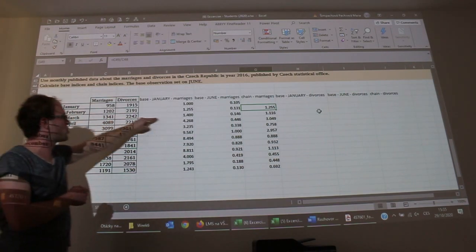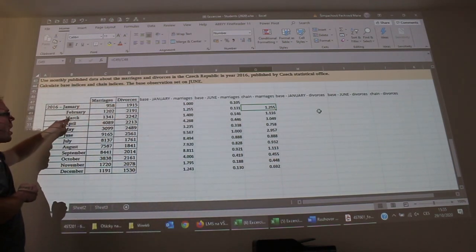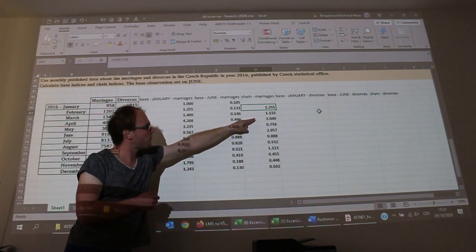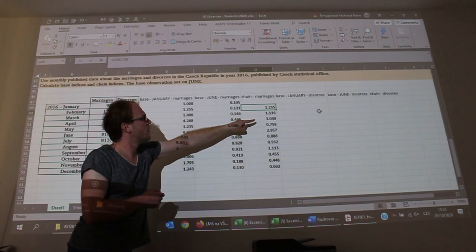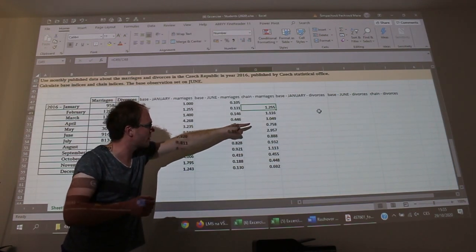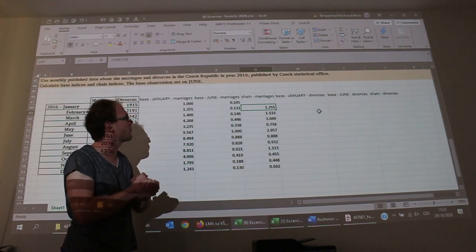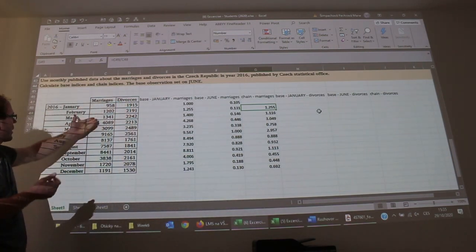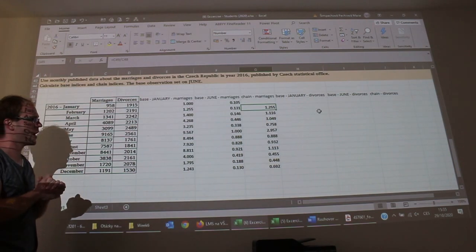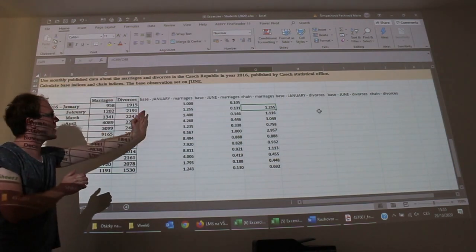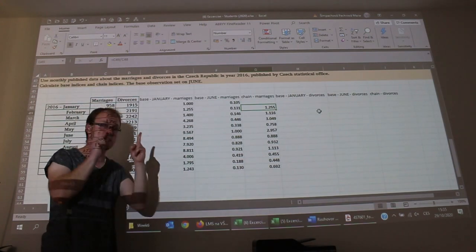Between February and March, by 11.6%. Between March and April, by 304.9%. A very significant increase, from 1,000 to 4,000 marriages. So, base indices, chain indices, and the same you can do with divorces.